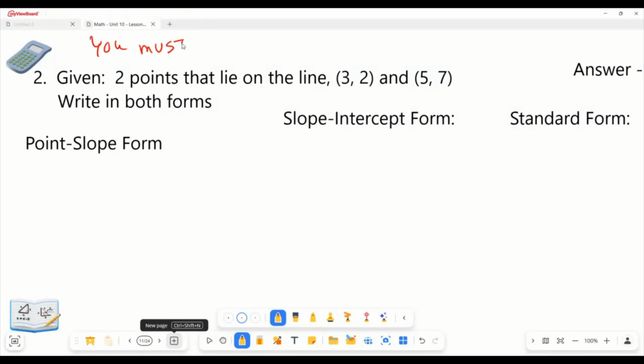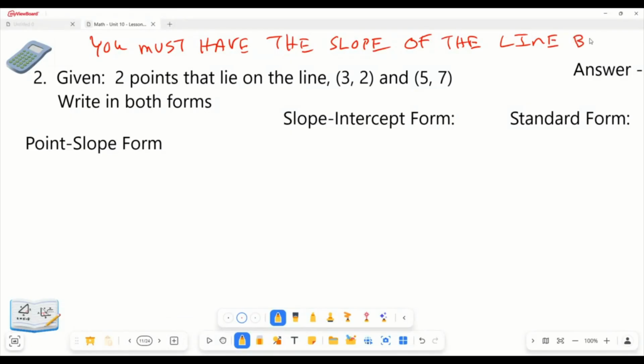You must have the slope of the line before you can write the equation.